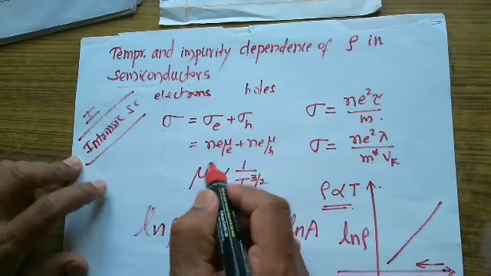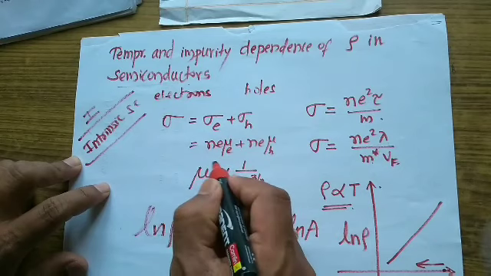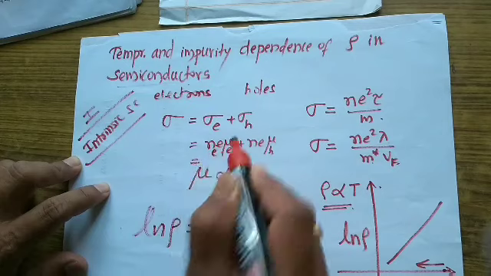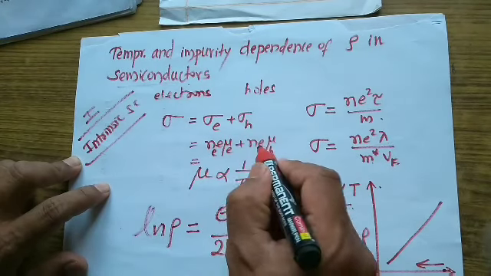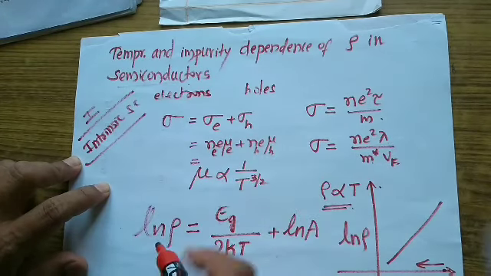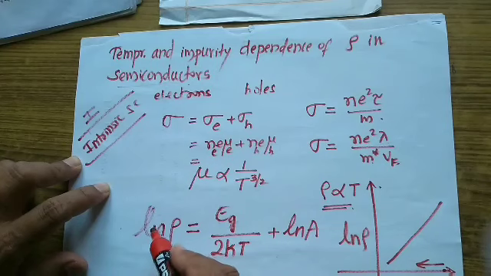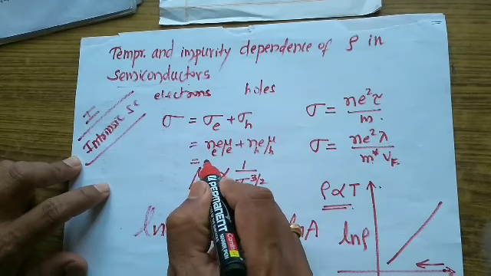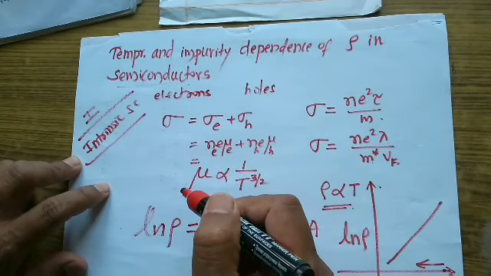Therefore, this equation can sometimes be written with Ne, where Ne represents the number of electrons and Nh represents the number of holes. So you can take Ne common so that e can be written outside.